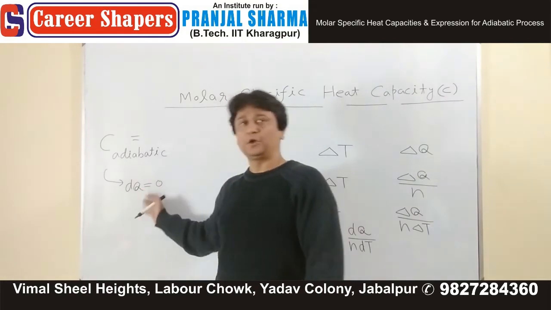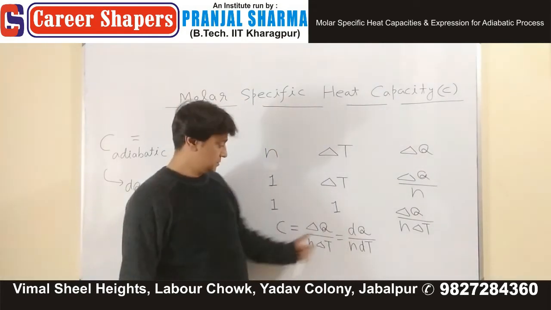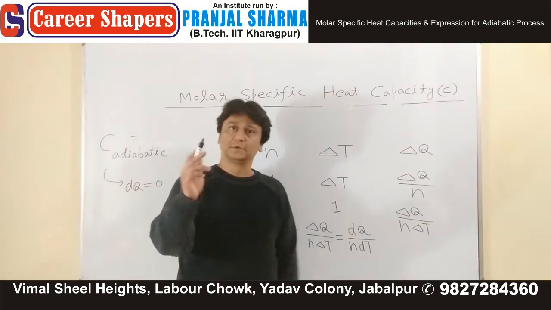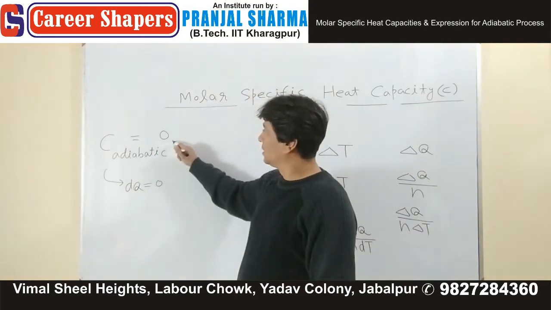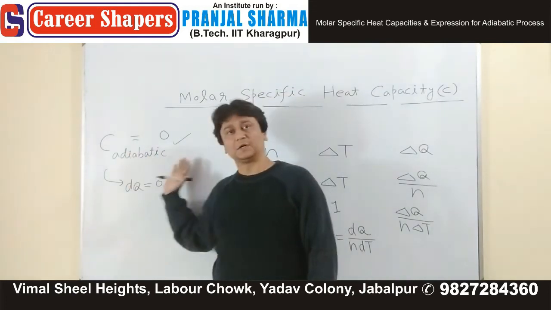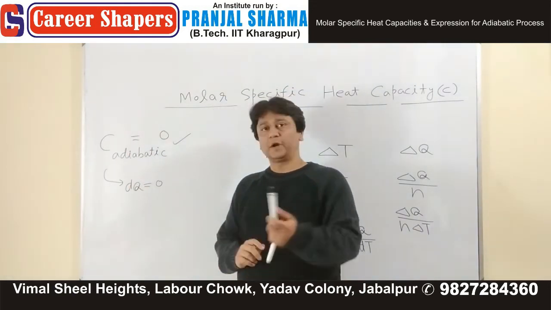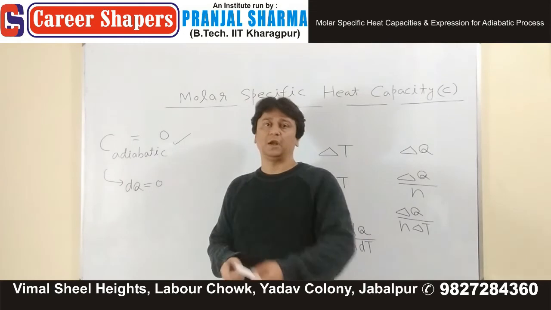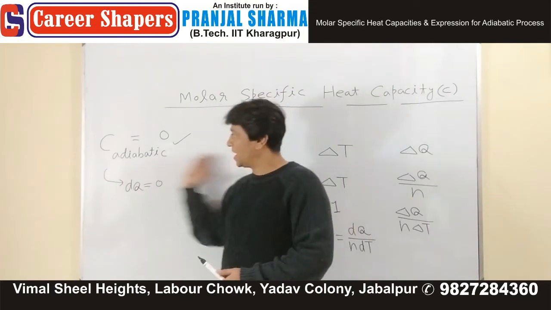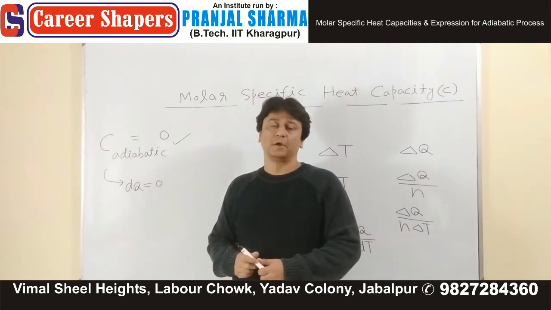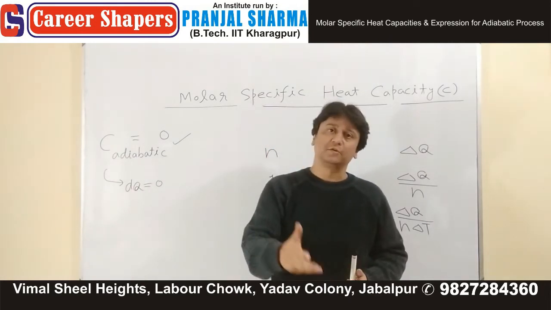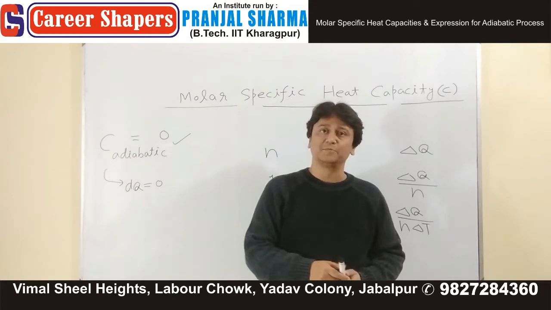If dQ is 0, then C is 0. A short answer type question: what is molar specific heat capacity for an adiabatic process? 0. You're not supplying any heat, so automatically it becomes 0.